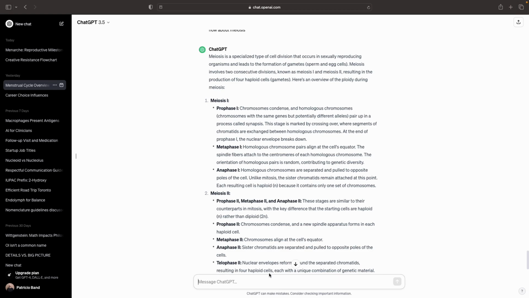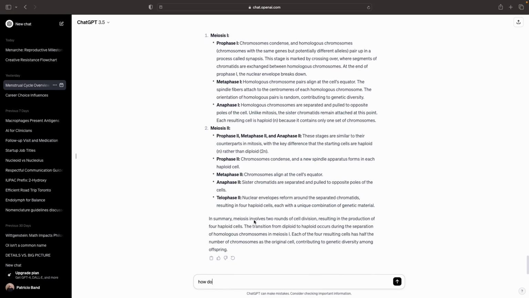At the end of prophase 1, the nuclear envelope breaks down. With the key difference that the starting cells are haploid rather than diploid. Chromosomes condense and a new spindle apparatus forms.